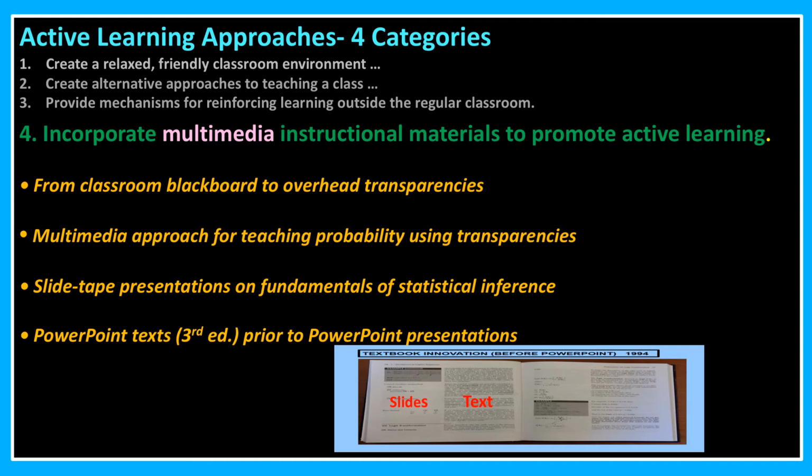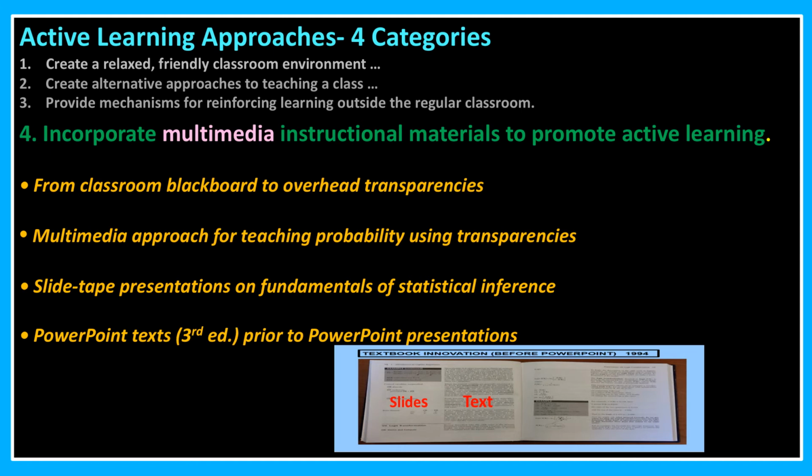One, Logistic Regression: A Self-Learning Text, and the other, Survival Analysis: A Self-Learning Text. My co-author is Mitch Klein, in which these texts were written in PowerPoint form, even though I didn't know what PowerPoint was. And the characteristic of these texts was that on each page, the page was split up so that there were 2 columns.